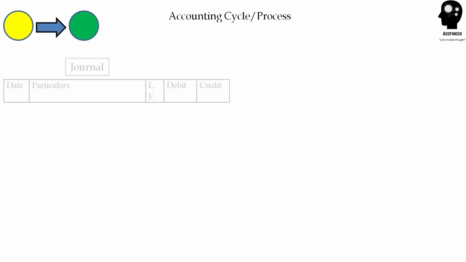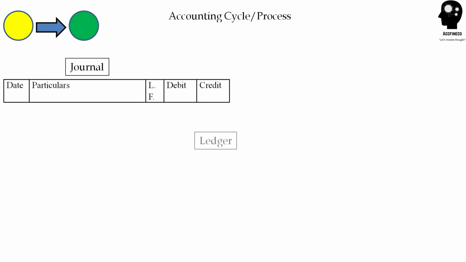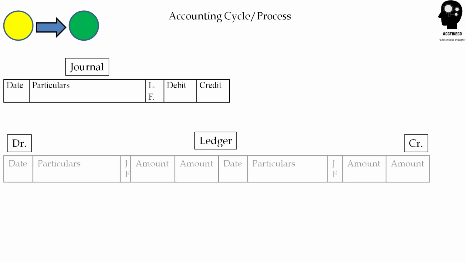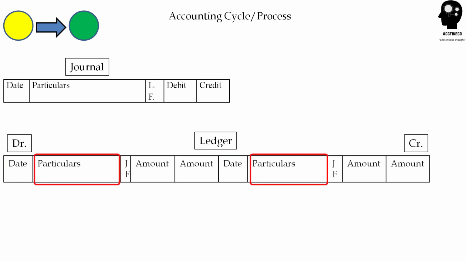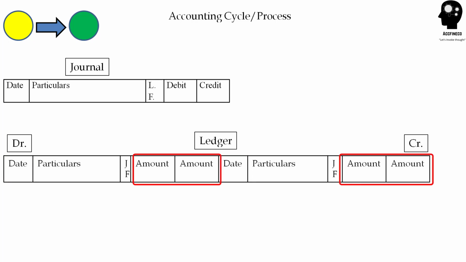Now they will go into the next step of the process, that is the ledgers, which have a left side as a debit and right side as credit. Remember, we had understood that debit means left side and credit means right side. On both the sides, we have date, particulars, JF and 2 columns for amount.